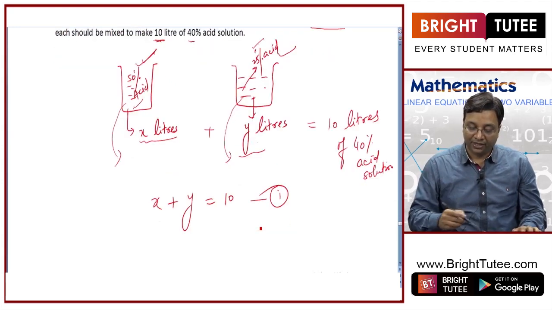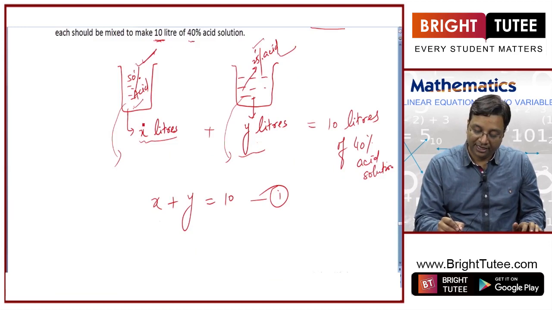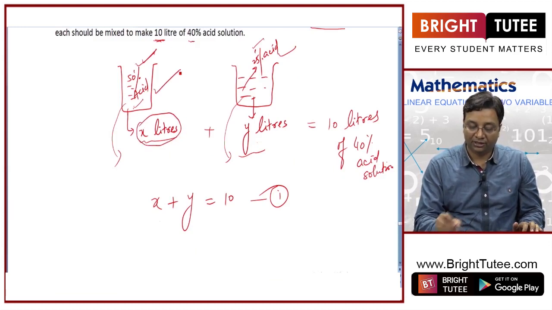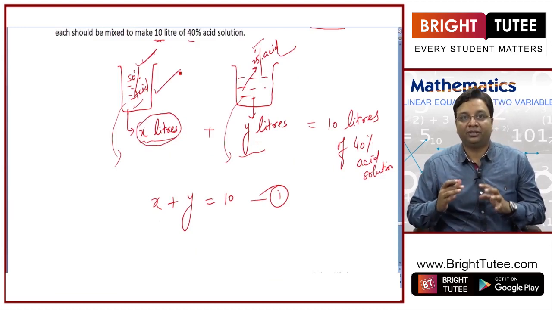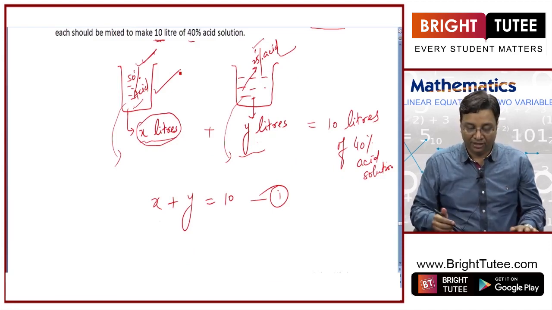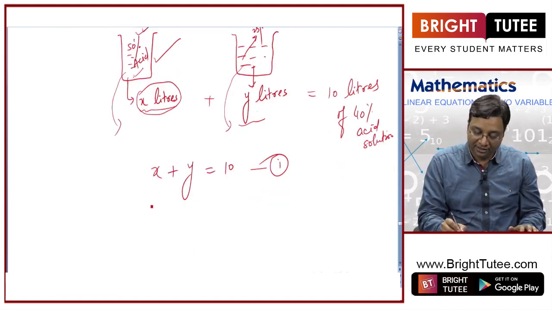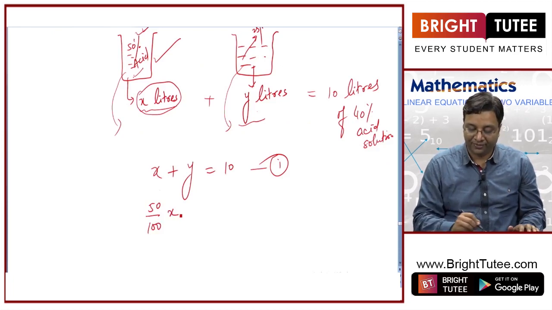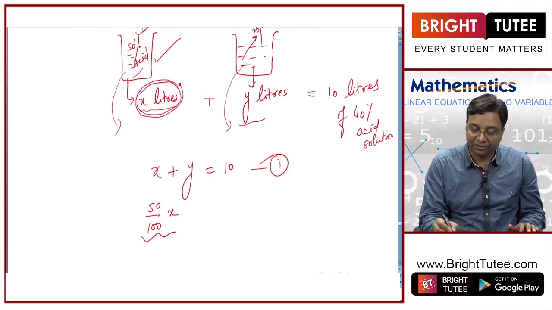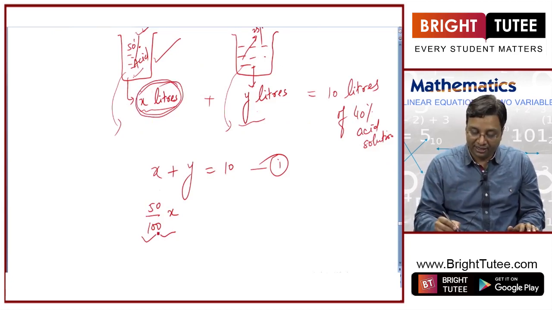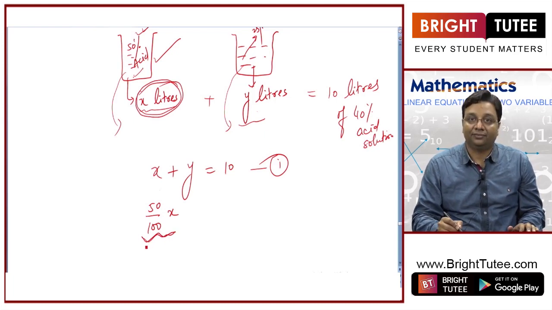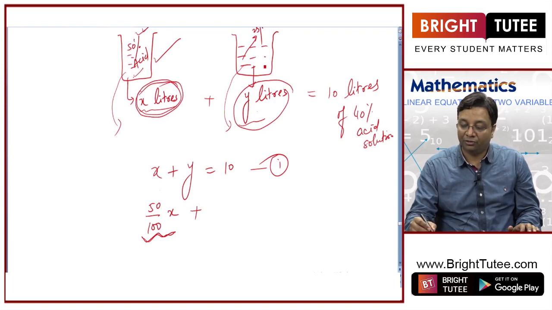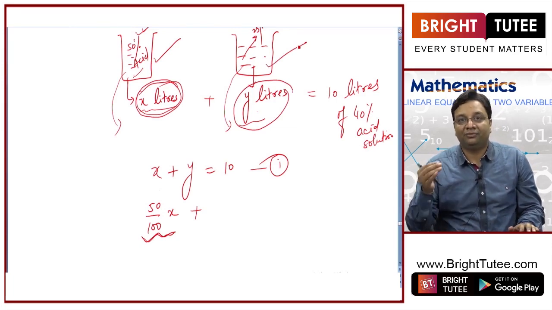The second equation is that this x liters which we have taken out of this solution has got 50% of acid in it. So if I only talk about acid, this has got 50%, that is 50 by 100 x, this much acid, right? And similarly, this y liters that we have taken out from this has got 25% acid.